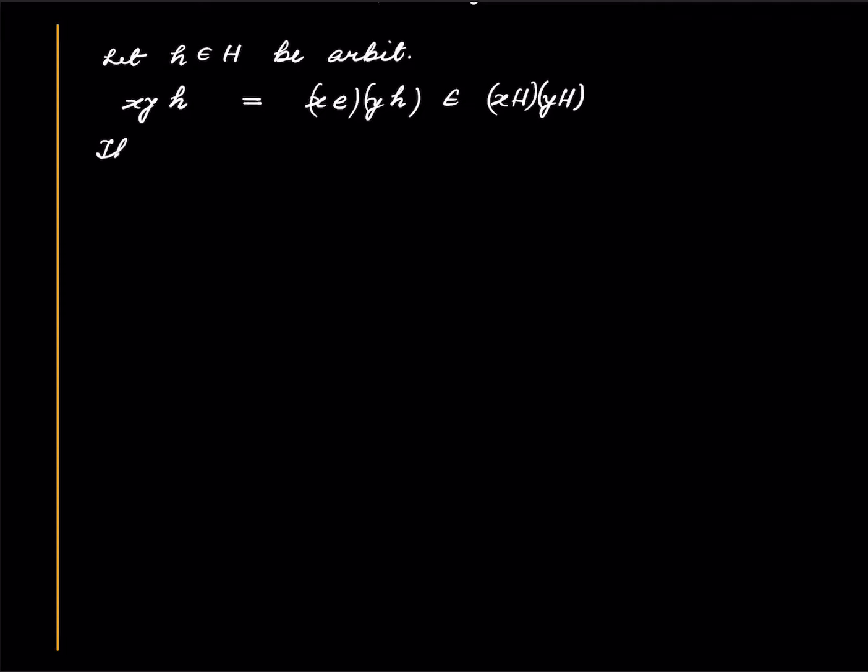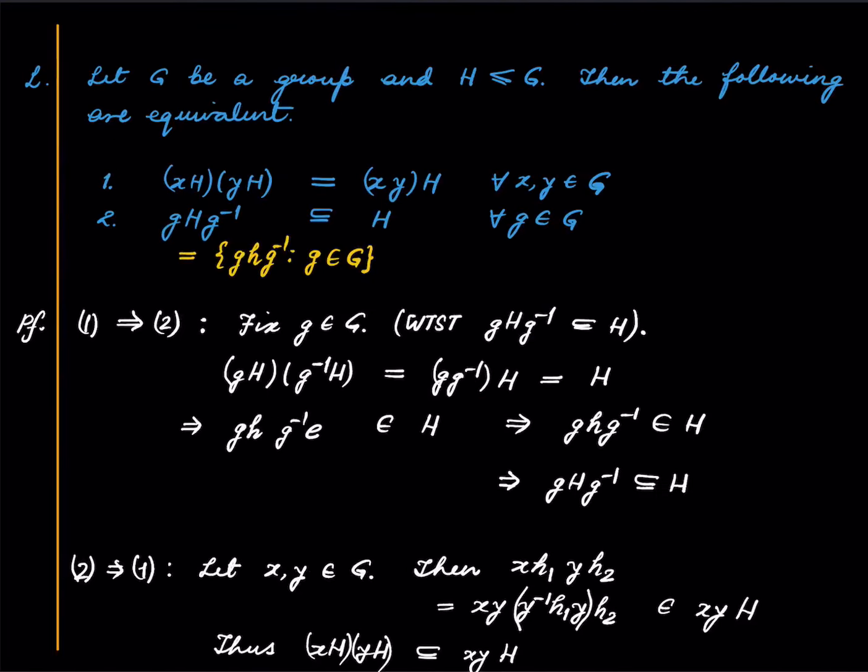And thus this is contained in that. Why? Because we started with an arbitrary element of this guy and we ended up showing that it's actually here. So therefore this is contained in that. And with these two containments, we see that indeed this is equal to that, and we are done. So these two conditions are actually equivalent.